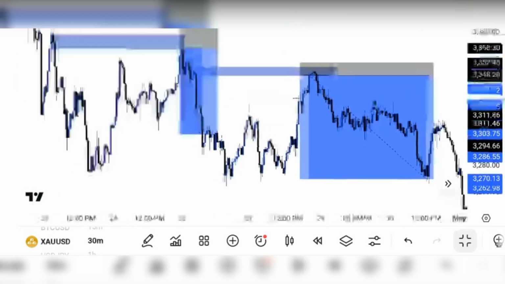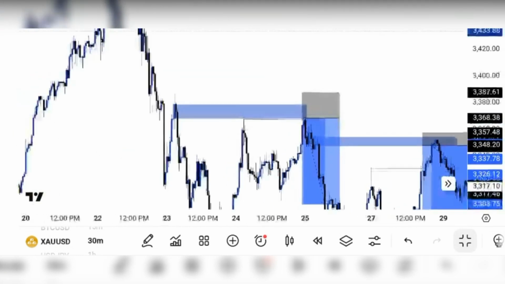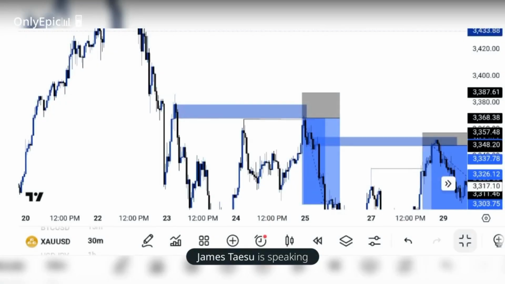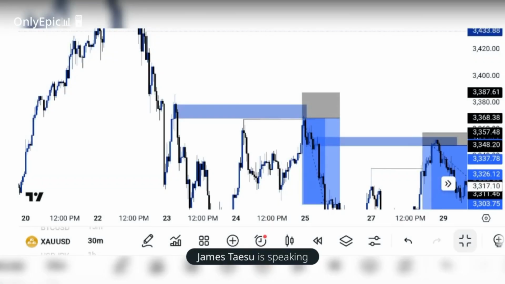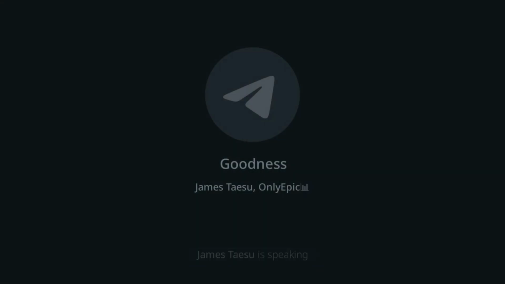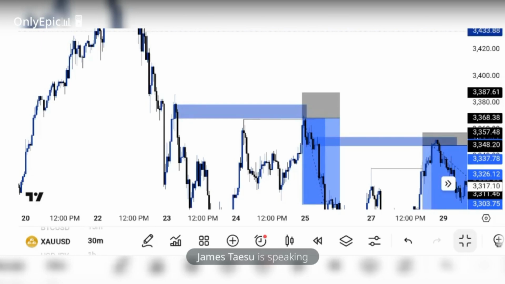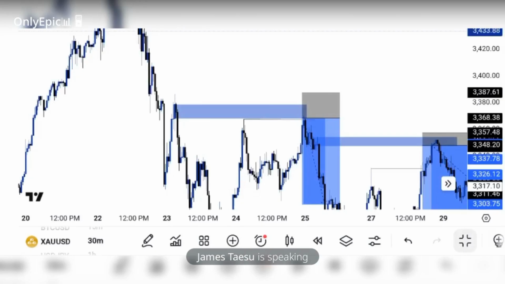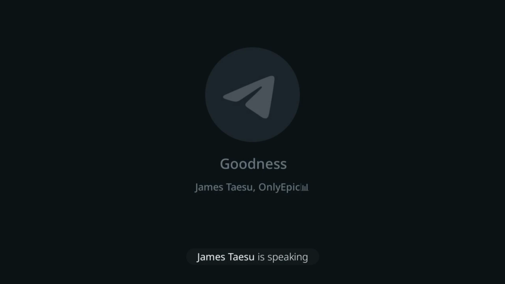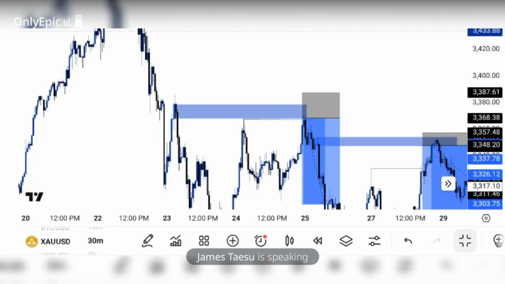Okay. Right. So now another question. I want to ask about this entry that you are marking now. If you want to mark entry, should the entry be wide or tiny?